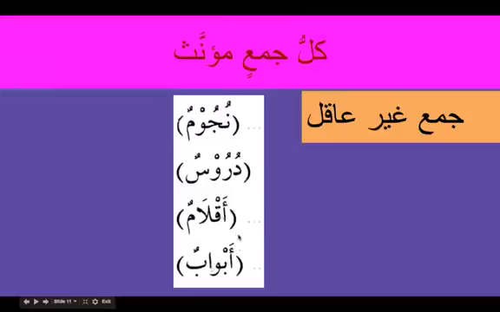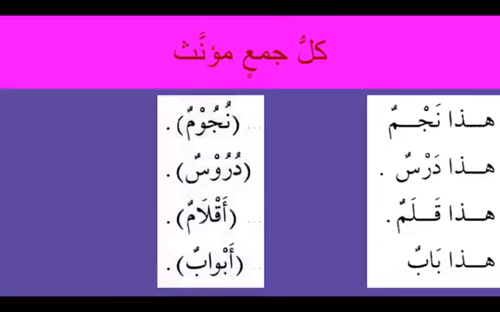So what if we say hadha najmun, using the demonstrative pronoun hadha, this is a star. If you want to use a demonstrative pronoun for the plural, nujumun, what do we use? We know for aqil, if it is hada talibun, we use haula'i, and if it is tilka talibatun, we say ulaika talibatun.